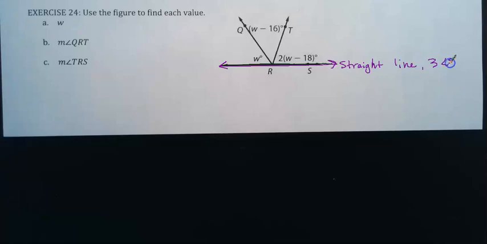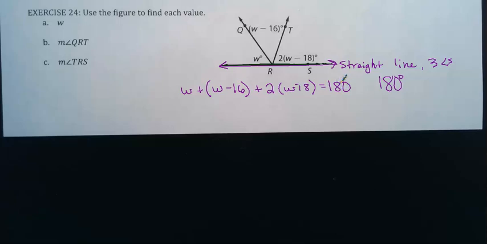What do we know about straight lines? Straight lines are 180 degrees. So we're just going to add all three of these angles together, right? We're going to have W plus the quantity W minus 16, plus our last one, 2 times the quantity W minus 18, all equals 180 when we add them together.